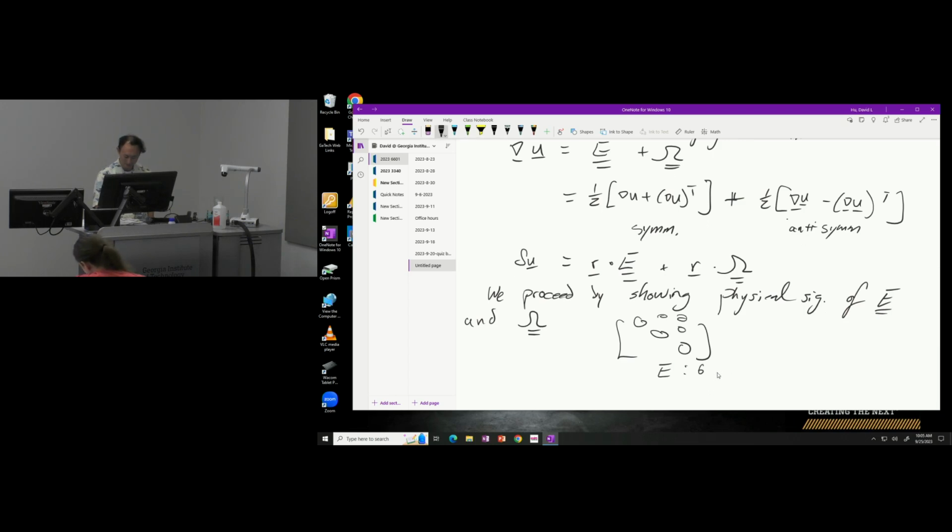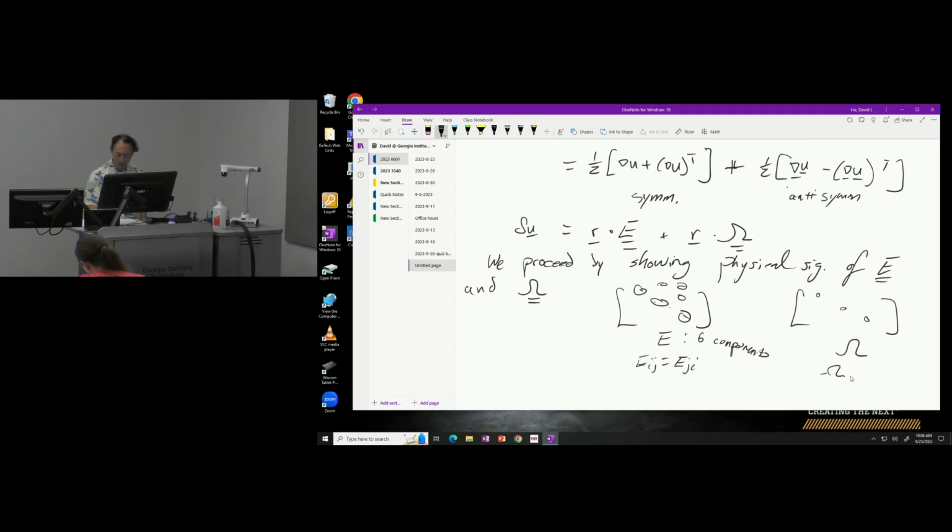But omega, remember from the quiz, has to have 0 on the diagonal. That's the only way it can be antisymmetric. Because we have E_ij equal to E_ji, but omega has the property that omega_ij is equal to negative omega_ji. That means the diagonals are 0, and you only have 3 components, 1, 2, 3.